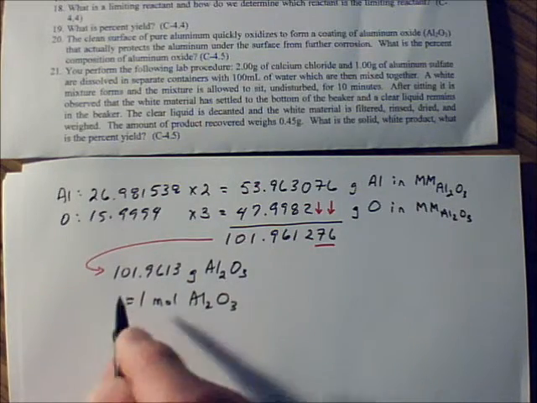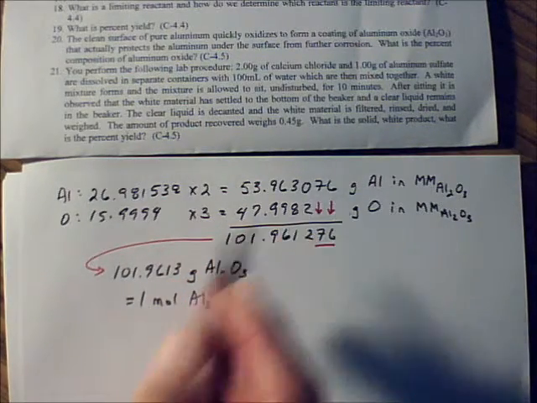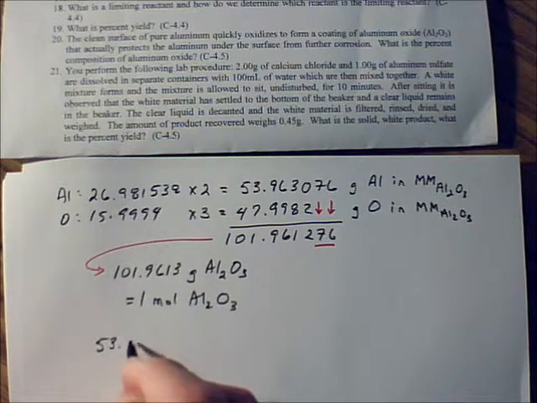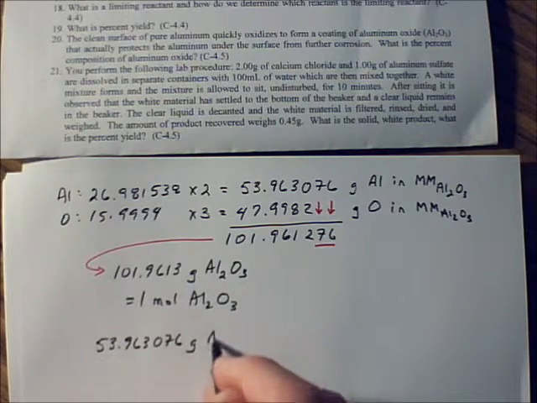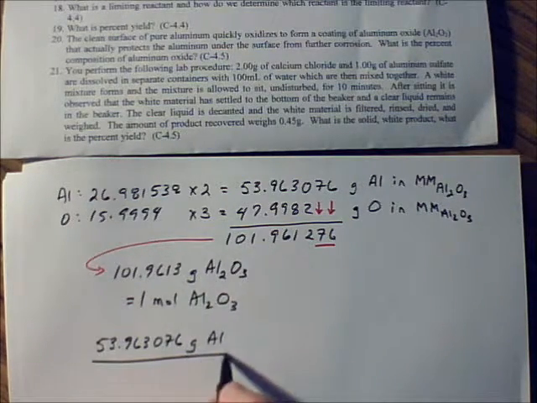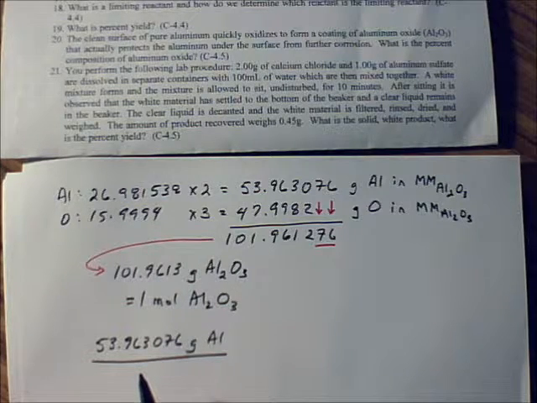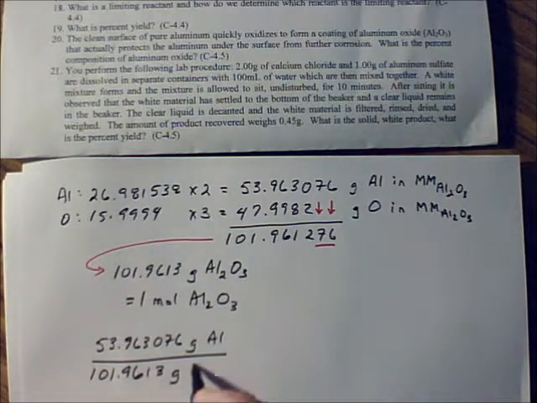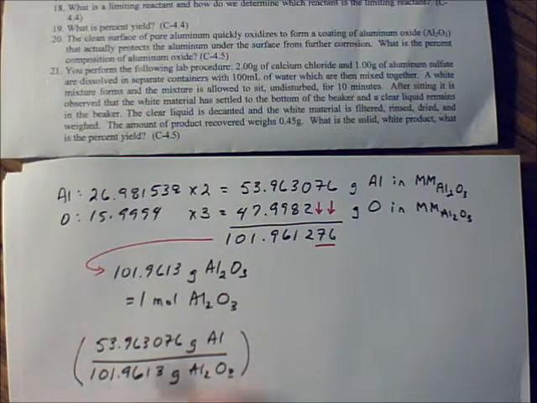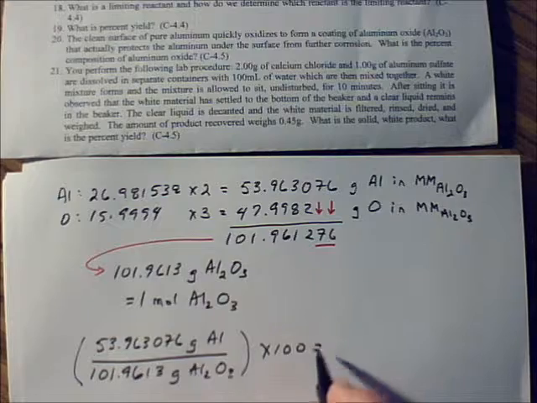We have to take the total mass of all the aluminum, 53.963076 grams of aluminum, out of the total mass of 101.9613 grams of aluminum oxide. And then we're going to multiply the answer we get by 100 to get a percent.